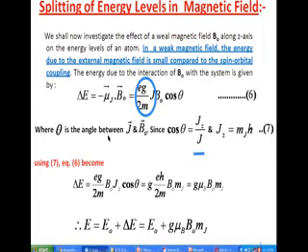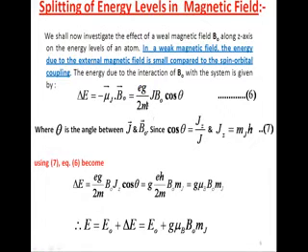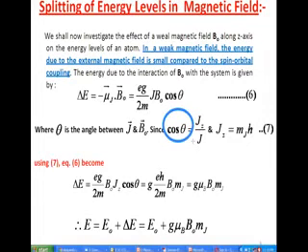Now substitute these values of cos theta, which is equal to J_z over J. We also substitute the value of J_z in this equation number 6. On solving, we get delta E equal to g mu_B B naught m_J.